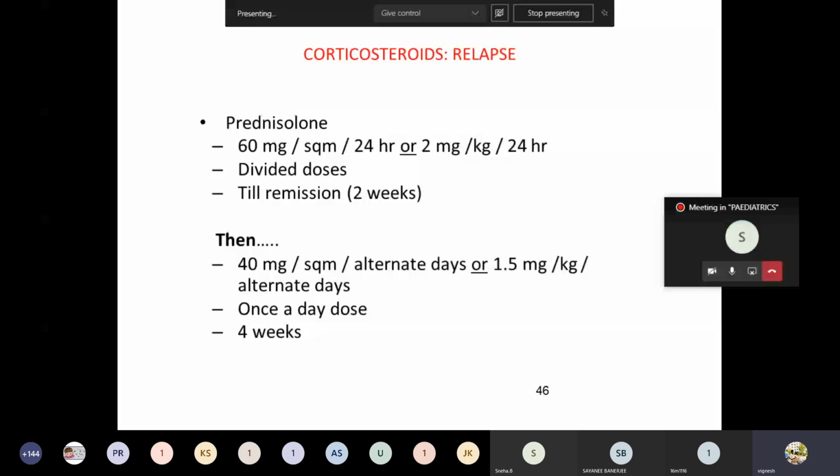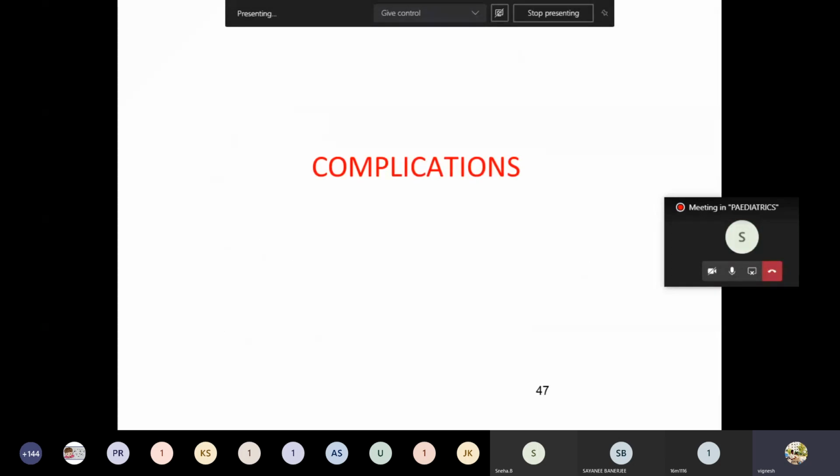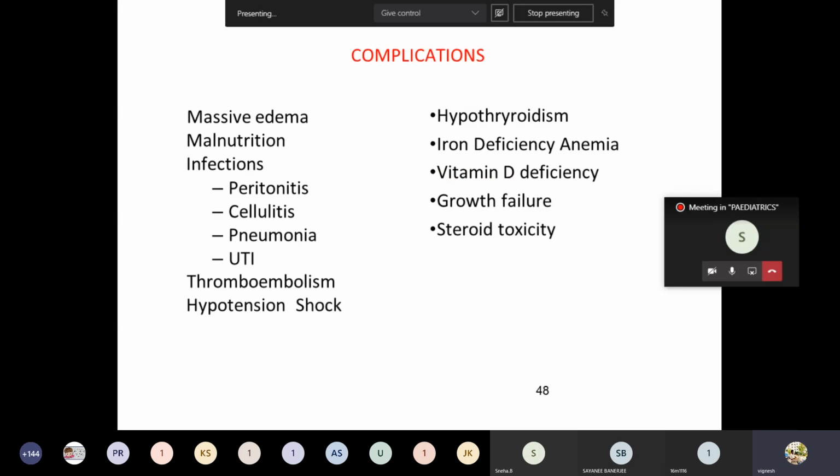Once you have treated with steroids, we should discuss the complications. These complications might be due to the steroid itself, the disease per se, or other problems of the disease. So what are the complications? Sometimes you'll have massive edema. Sometimes protein energy malnutrition.